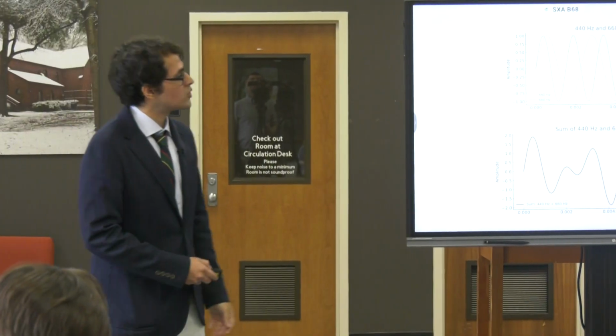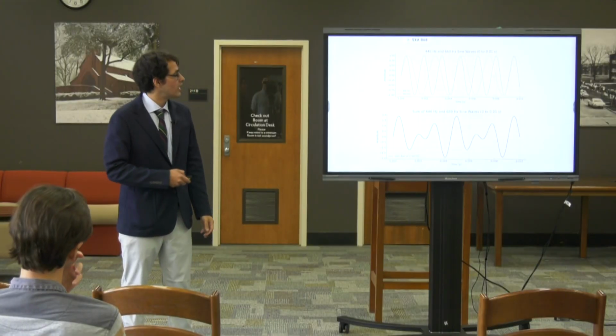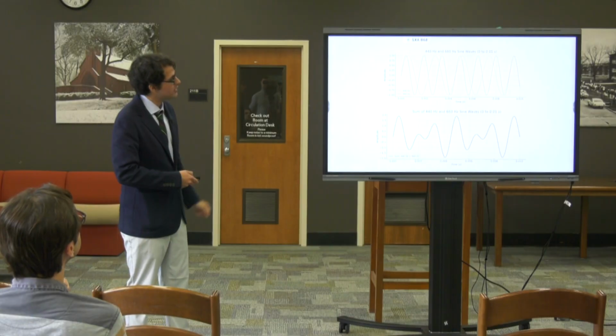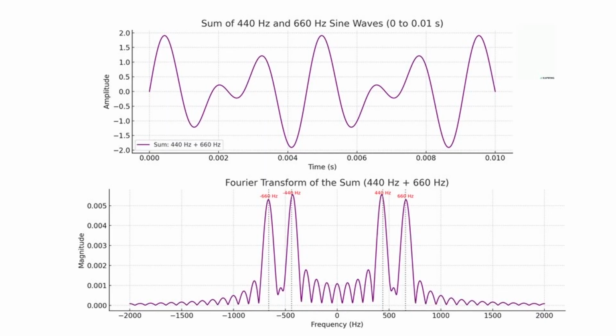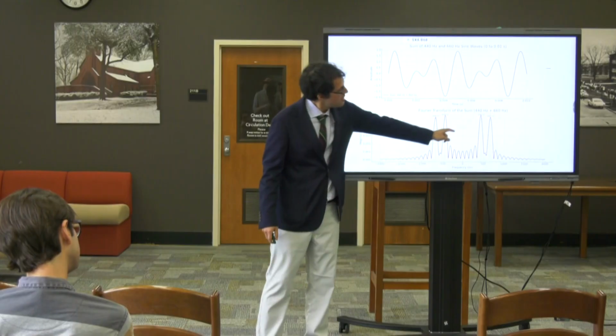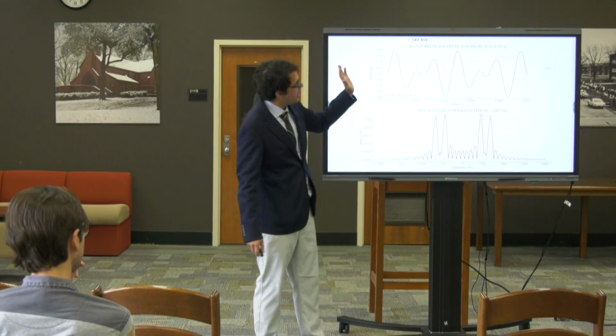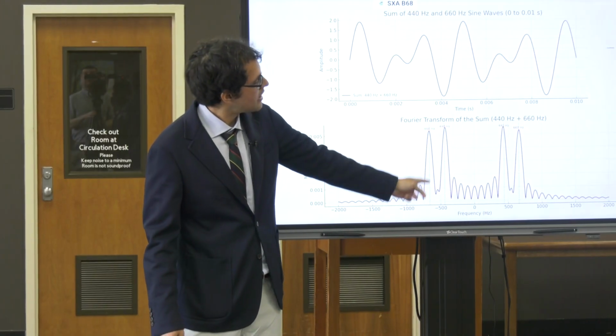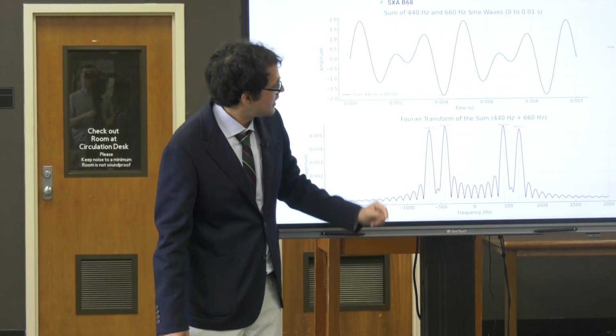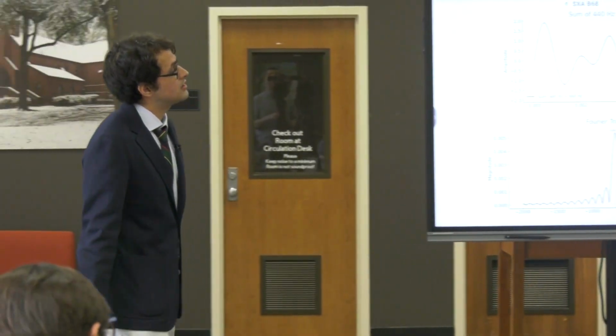So let's see what the Fourier transform says about this particular signal. If you do that, you will notice that the Fourier transform again picks the right components. It's saying, yeah, you have a little bit more complex signal, but I still like very much the 440 hertz and the 660 hertz.